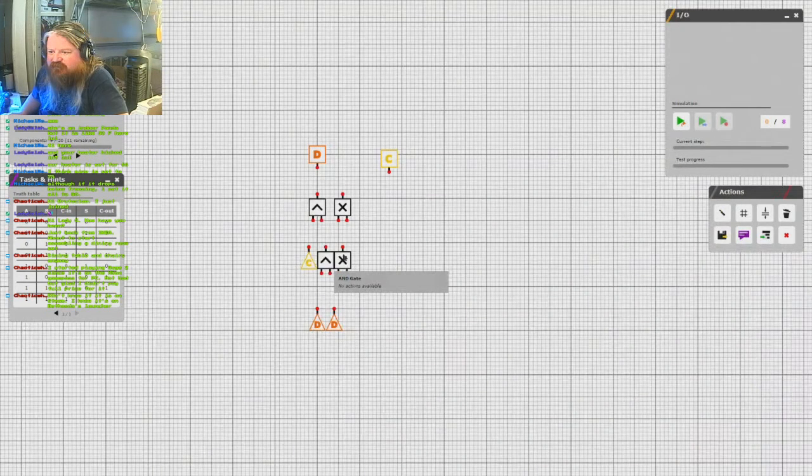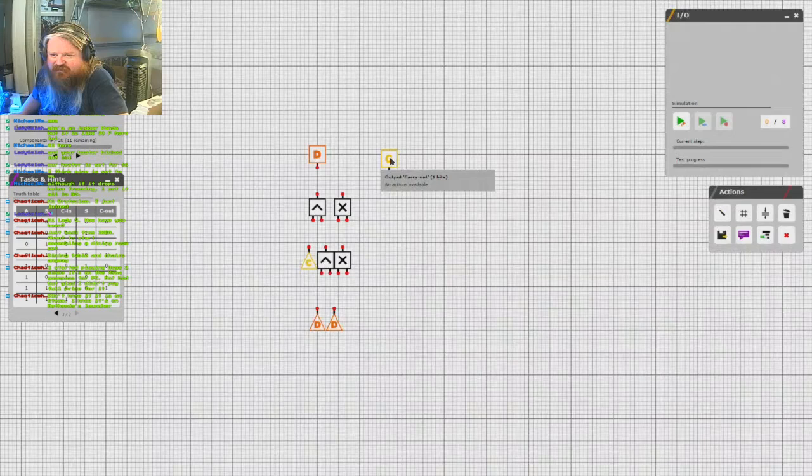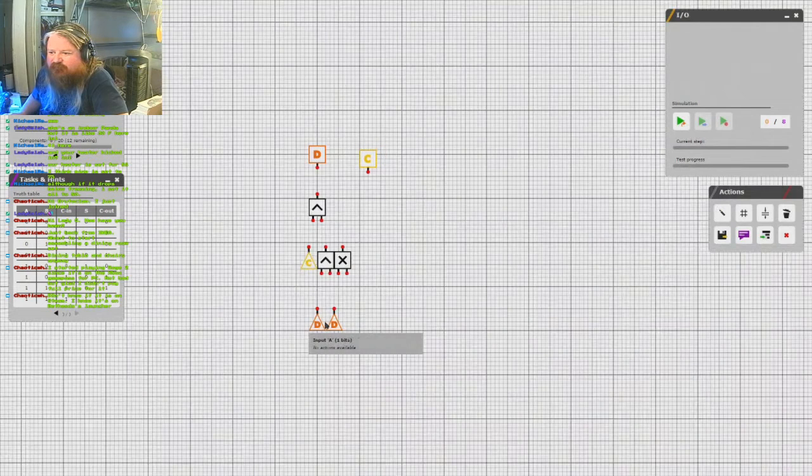But if both of these are AND, if both of these are 1, then we need to output a carry out 1. So I might not need that one.